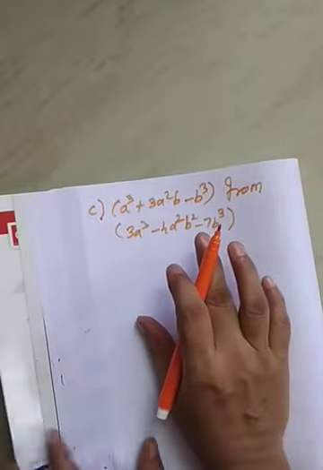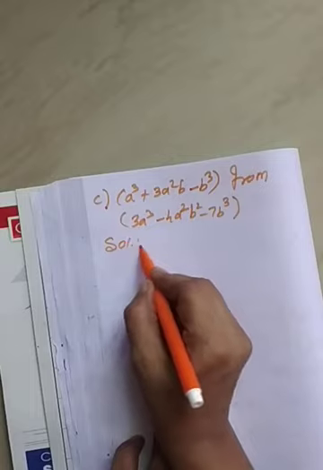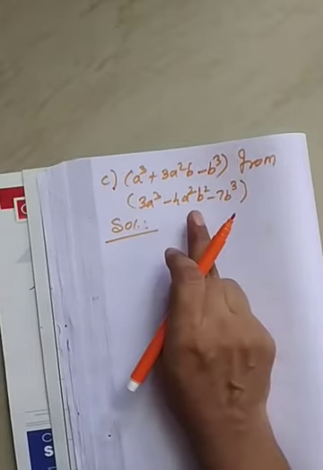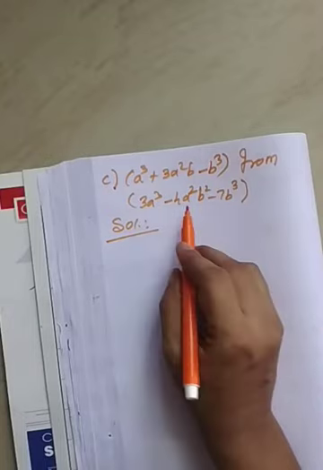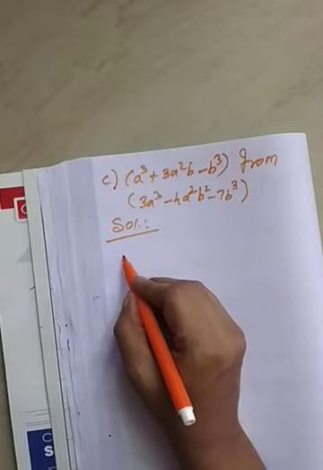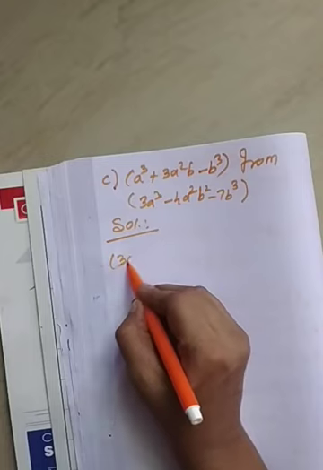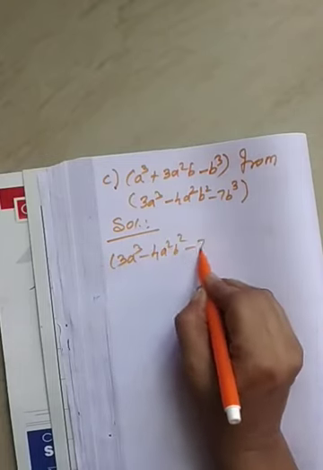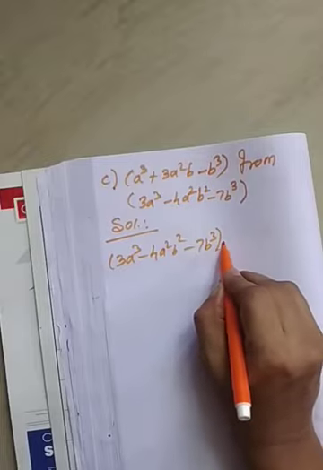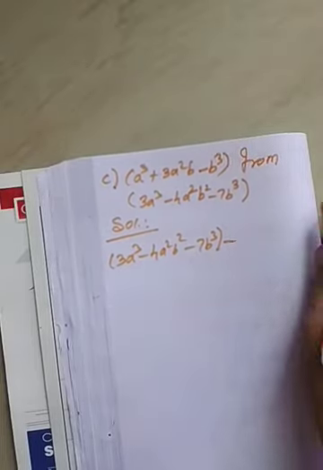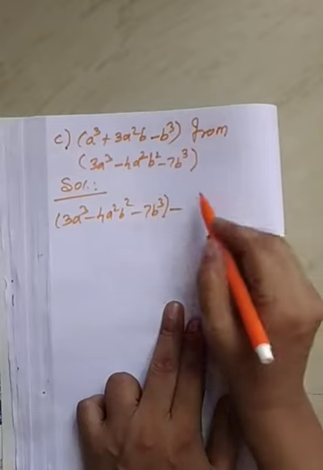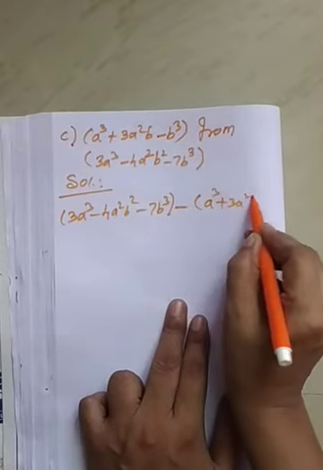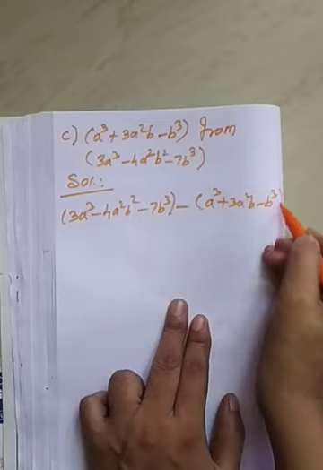Okay, see. What is your question? The first expression from the second expression. When from the second expression appears, you have to write the second expression first. What is that? 3a cube minus 4a squared b squared minus 7b cube. And then put the minus symbol. Write the first expression. What is the first expression? A cube plus 3a squared b minus b cube.